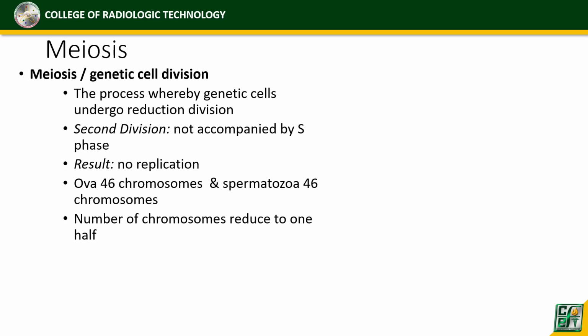The second division is not accompanied by the S phase, so there is no replication. The ova 46 chromosomes and spermatozoa 46 chromosomes. So the number of chromosomes is reduced to one half.